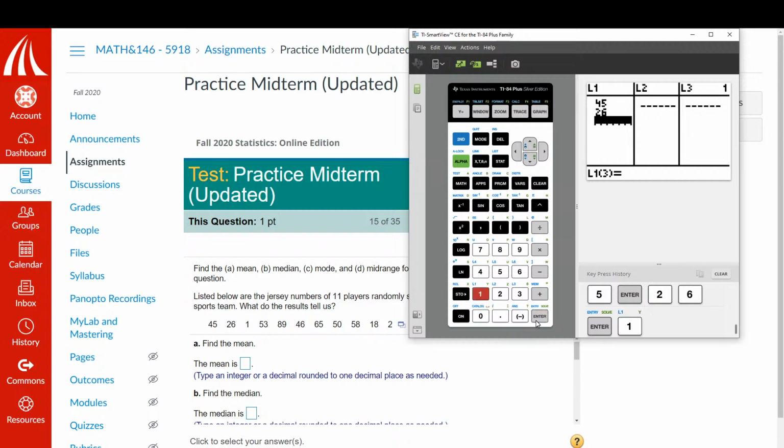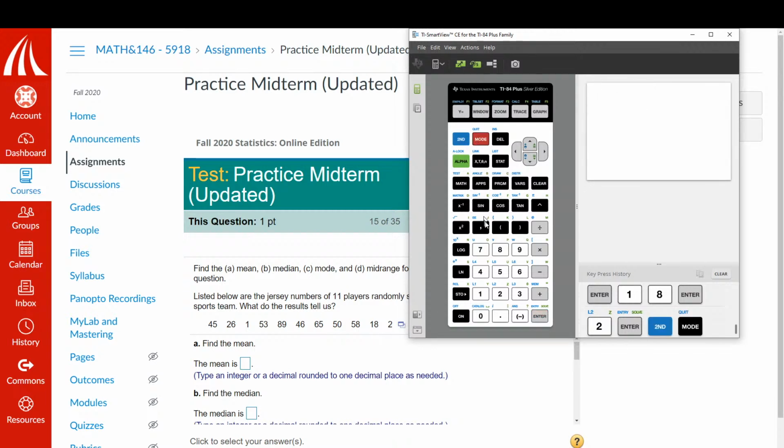This is usually the basic step that you would do. So now that I have all 11 numbers in my list, I just need to make sure I didn't make a mistake.